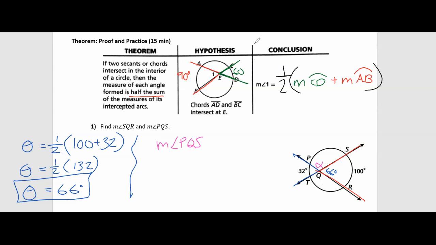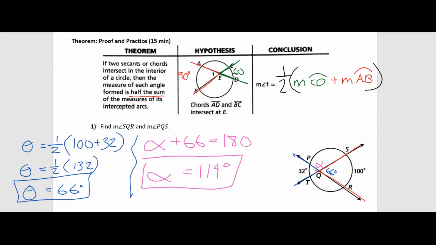Well, they're linear pairs. I just wanted to shorten it so I didn't have to keep writing out the measurement of angle PQS. Alpha plus 66 must be equal to 180 because they're a linear pair. Alpha must be equal to 114. And of course, alpha is the measurement of angle PQS.